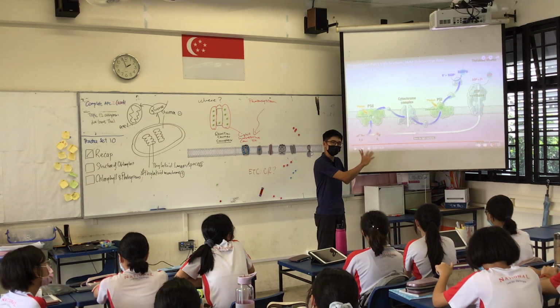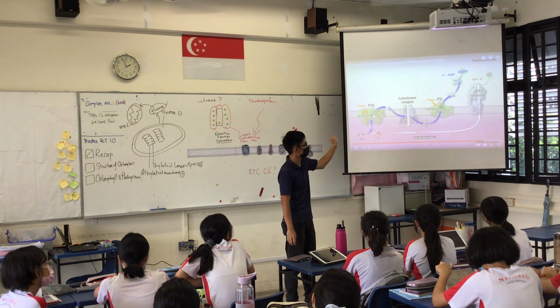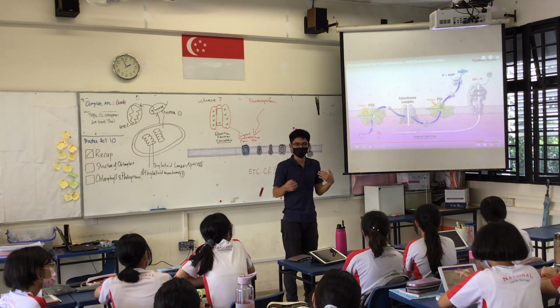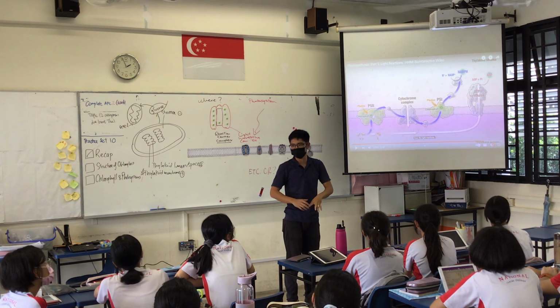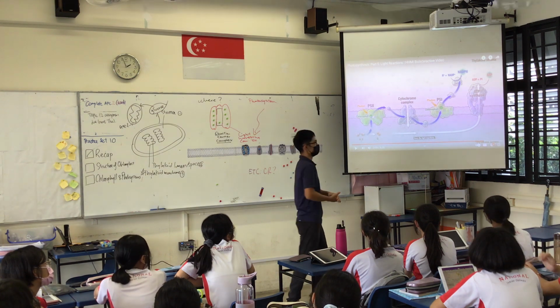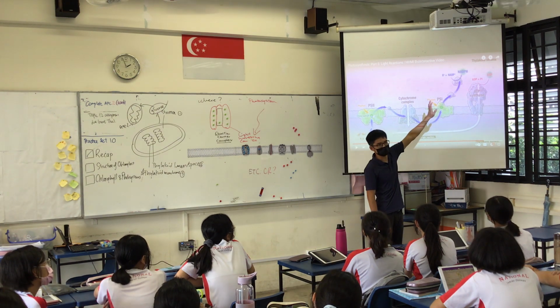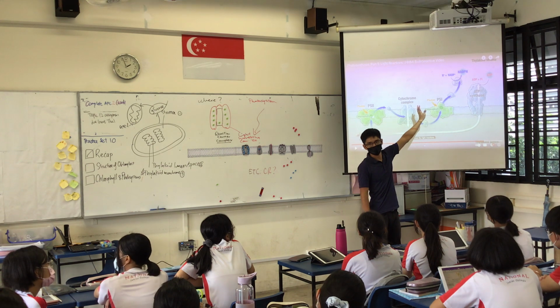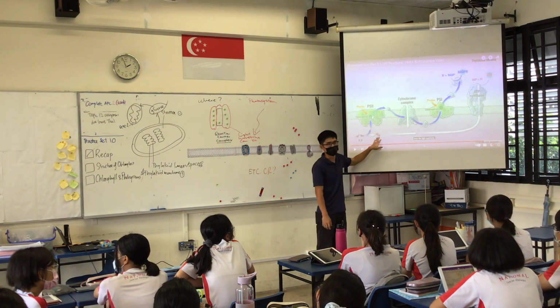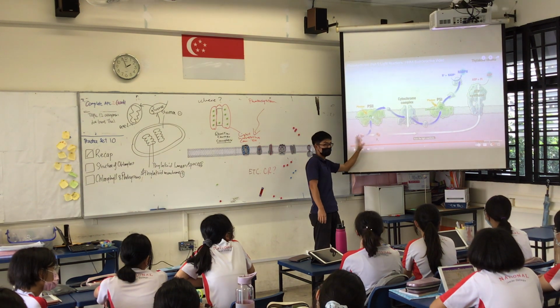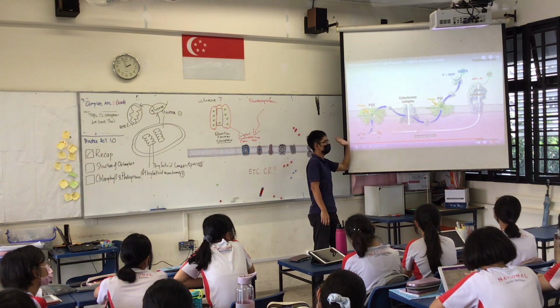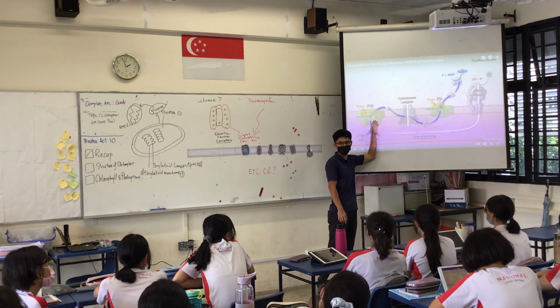But if you look at it broadly again, you notice that this electron transport chain is almost like the reverse of cellular respiration's one. In cellular respiration, NADH was the one that donated the electrons. And oxygen is the final acceptor to produce water. Over here, water helps to replenish any electrons lost.